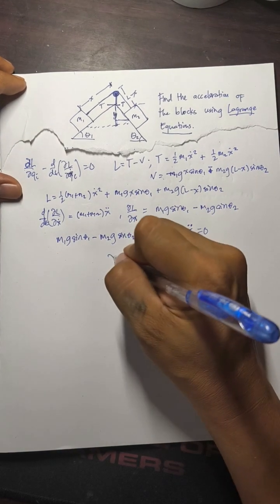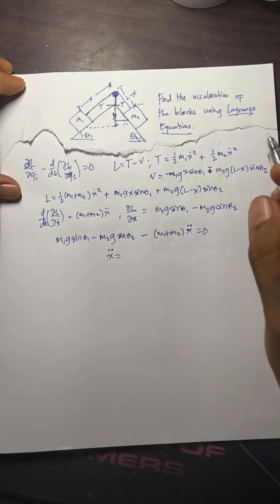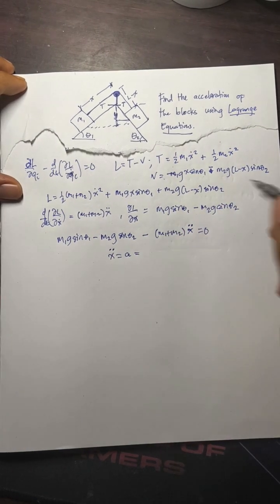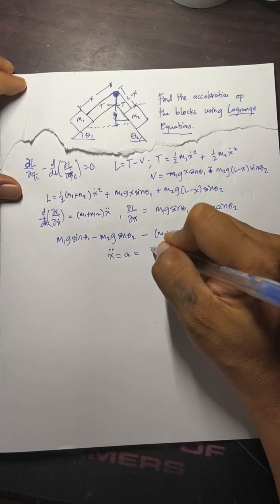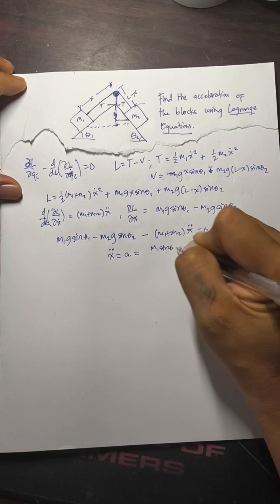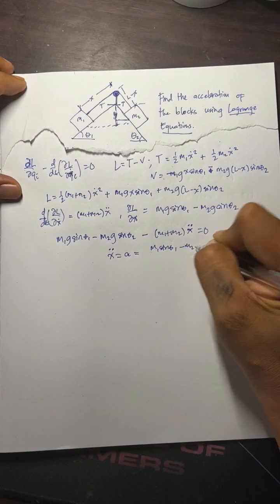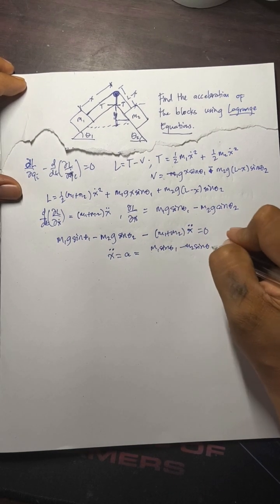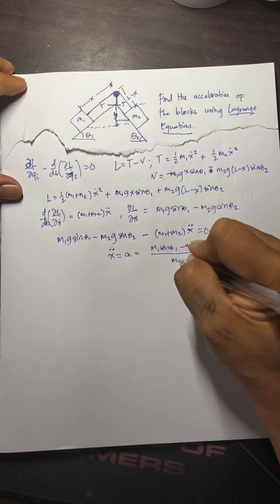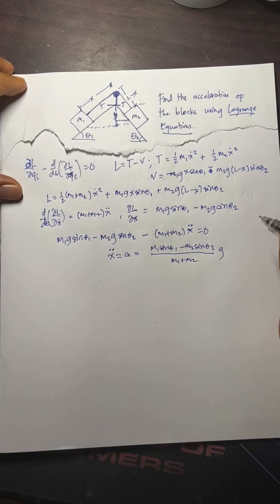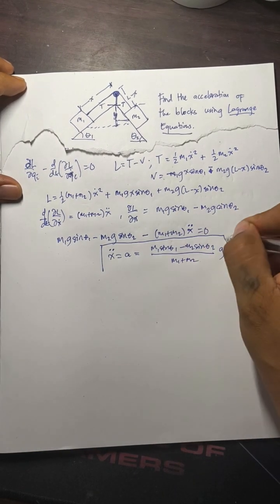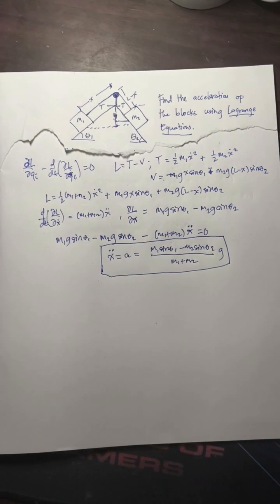From here, our acceleration is equal to (m1 sine theta 1 minus m2 sine theta 2) over (m1 plus m2) times g. Okay, this is our acceleration.